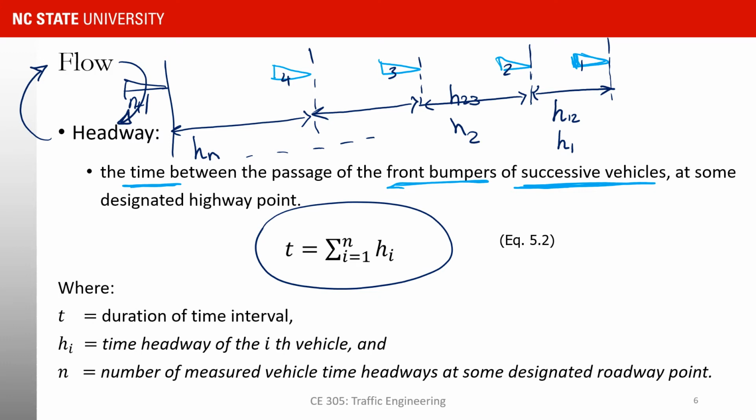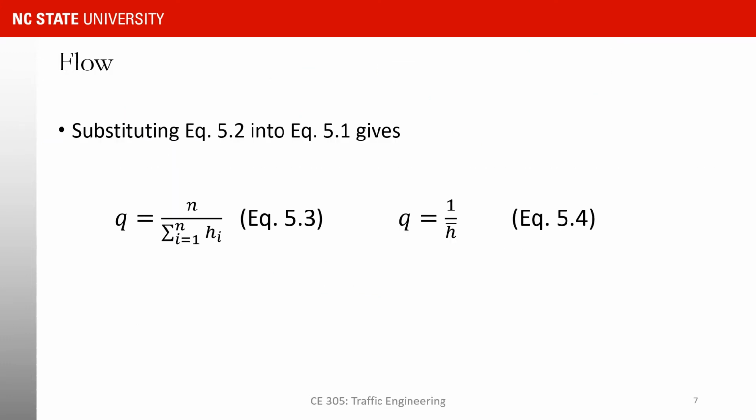So what am I going to do with that? Think about it. What was the definition of flow? Flow was N, the number of vehicles that pass through, divided by T, right?